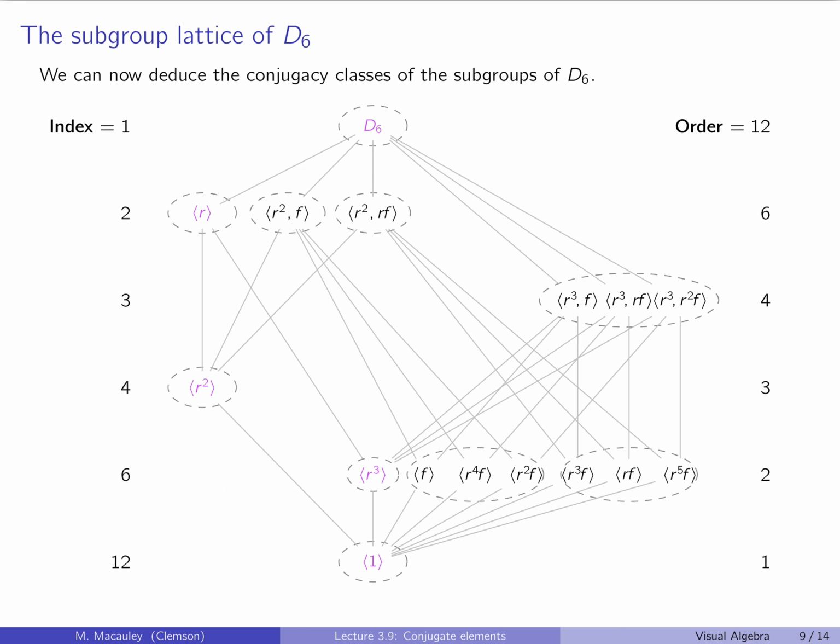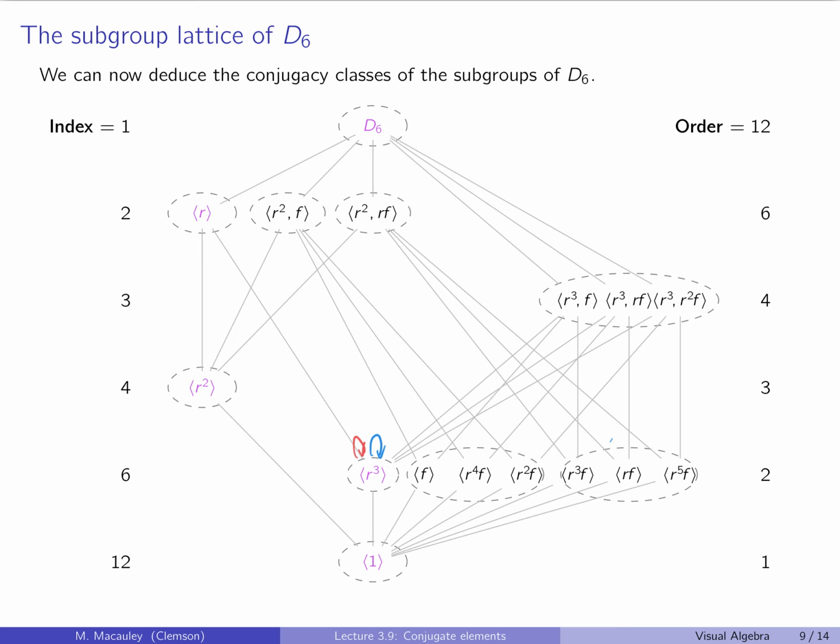We can now deduce the conjugacy classes of the subgroups of D6 just by knowing the conjugacy classes of the elements. Here are the subgroups of order 2. They are each generated by an element of order 2. R cubed is central, so if we conjugate by R or by F, we stay right there.